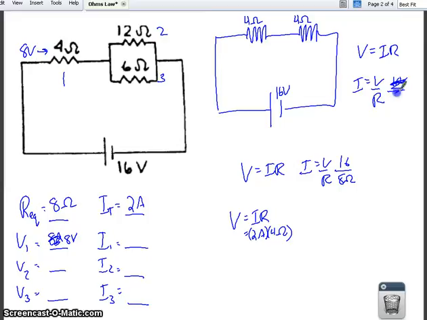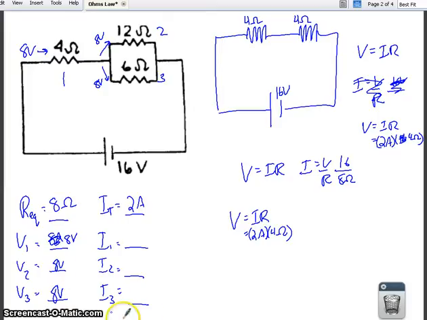V equals I times R. 2 amps times 4 ohms. So in this case, the voltage for the whole thing is going to be 8 volts, okay? Because it's going to be 8 volts going this way and 8 volts going this way, because we know in parallel the voltage is the same, okay?